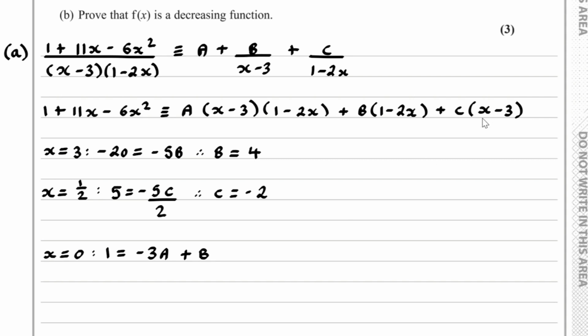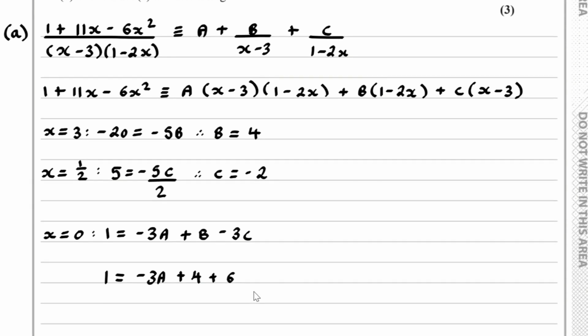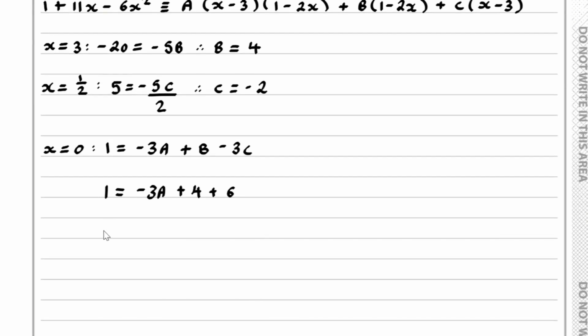And then here I've got 0 minus 3 times c, so that's minus 3c. Now I already know the value of b and c, so I've got 1 equals minus 3a plus b, which is 4, minus 3c, so that's minus 3 times minus 2, which is positive 6. So 3a is equal to 9, a is equal to 3.